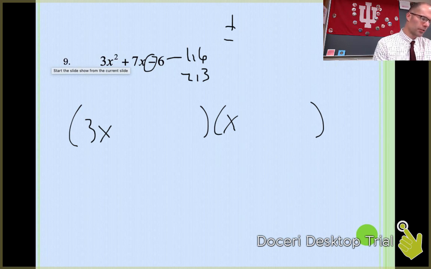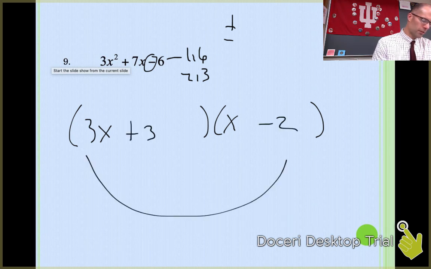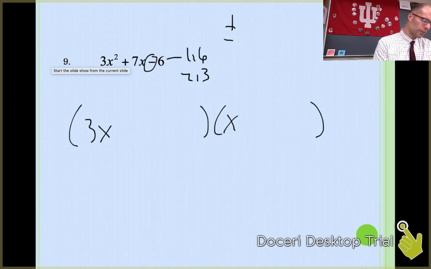So let's see here. What numbers can I use? Let's do a positive 3 right here and a negative 2. So that's going to give me a negative 6, and that's going to give me a positive 3, which gives me negative 3. So nope, that didn't work. So let's switch them. Let's put a positive 2 right here and a negative 3.